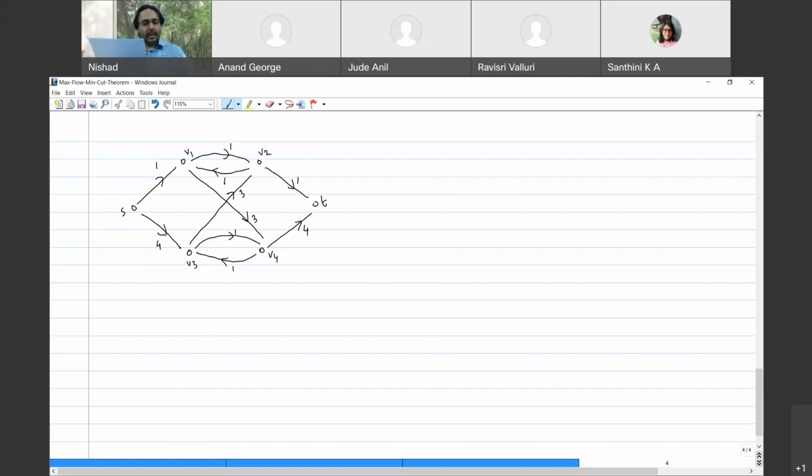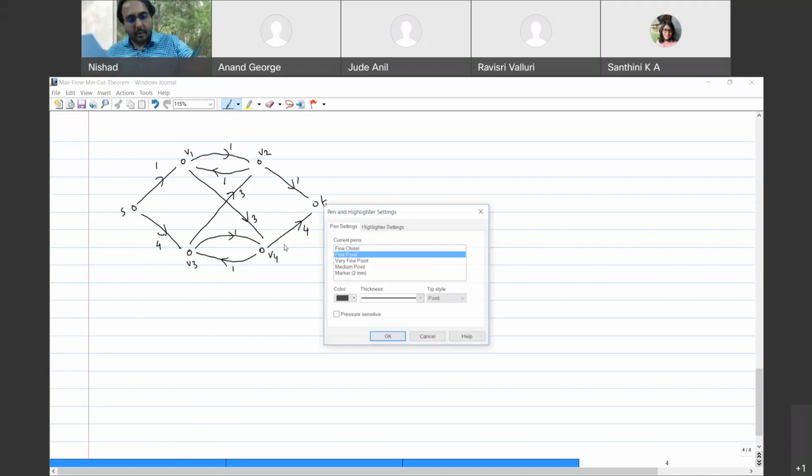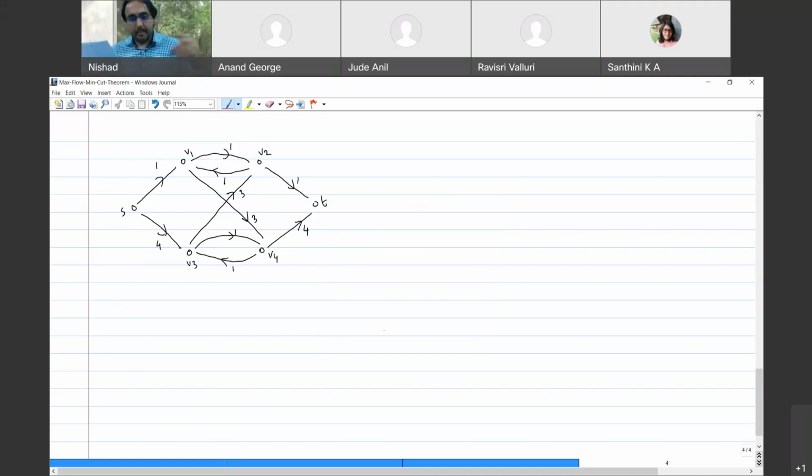I want to consider a particular flow, and I want to ask you how we can find a better flow. Let me consider one particular flow and put it in red color. Let's say it is as follows. It's one on these arcs, one on these two arcs, one on these two arcs, 0 on these two arcs, and 1 on these two arcs. This is our flow x1.